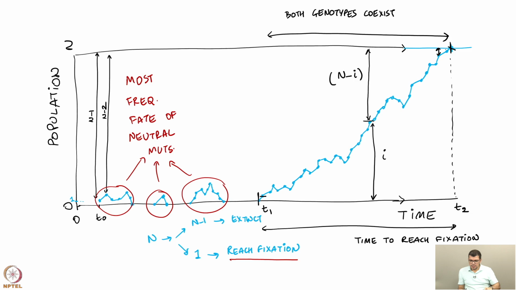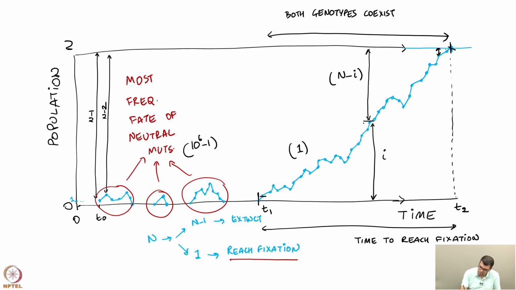So, this is another graphical representation that is commonly used to represent these evolutionary processes, and this is sometimes very useful in being able to see what was going on. But as we have seen, for neutral mutations it is hard, because there are virtually 10 to the power 6 minus 1 cases of this and only 1 case of this. So, most often this is what is going to happen, and we won't really see a mutation rise in frequency.